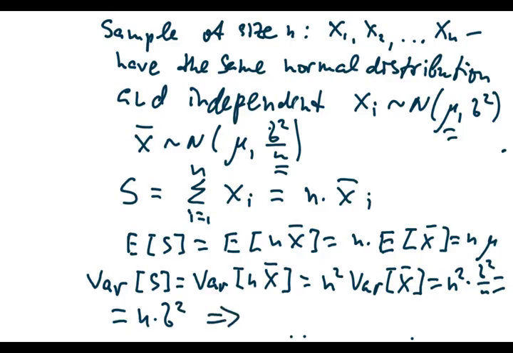And from here we conclude that S has normal distribution with expected value n mu and variance n sigma squared. And you will need to use this formula when you solve problem 2b in the problem sheet for tutorial number 5.